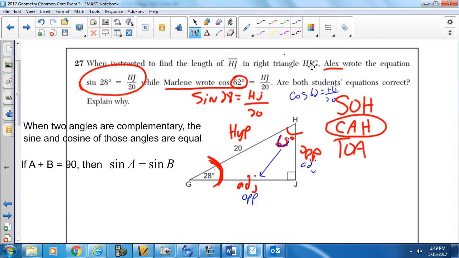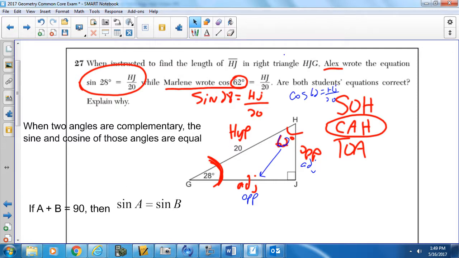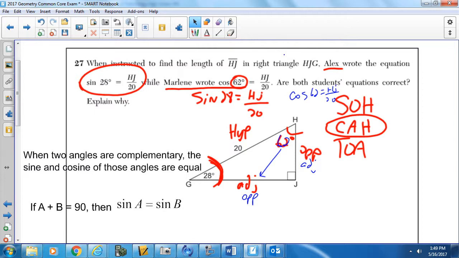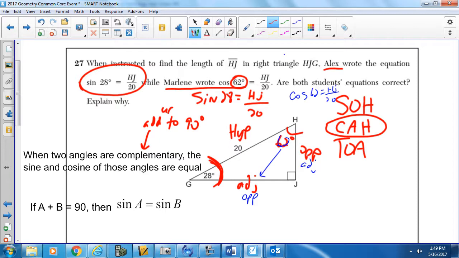So it looks like they're both right, and here's a reason why. When two angles are complementary, that means they add up to 90.